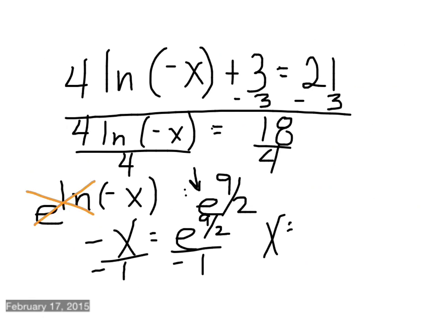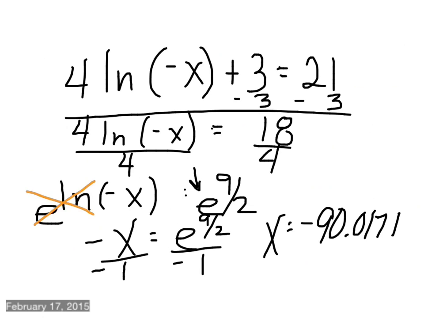And when I get my answer, I get negative 90.0171 if I go to 4 decimal places. That's the last one that's in your assignment, by the way.